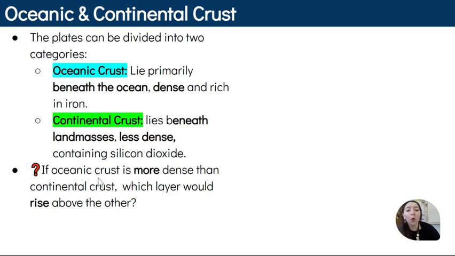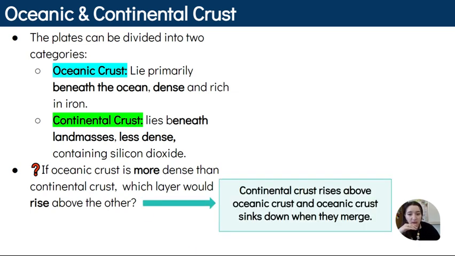So if oceanic crust is more dense than continental crust, which layer would rise above the other? It would be continental crust. Why? Continental crust is less dense because it contains the silicon dioxide. Do you need to know what contains silicon dioxide per se?